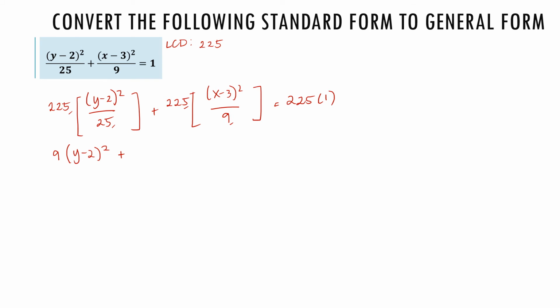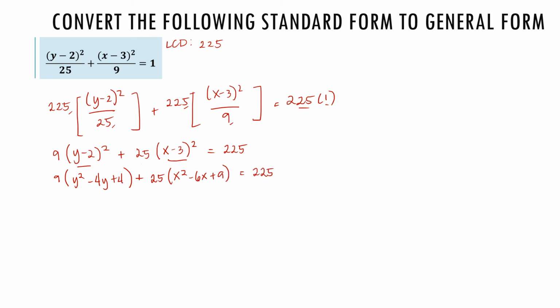225 divided by 9 is 25 times x minus 3 squared equals 225 times 1 is 225. Now, expand. We have y squared minus 4y plus 4 plus 25 times x squared minus 6x plus 9 equals 225.